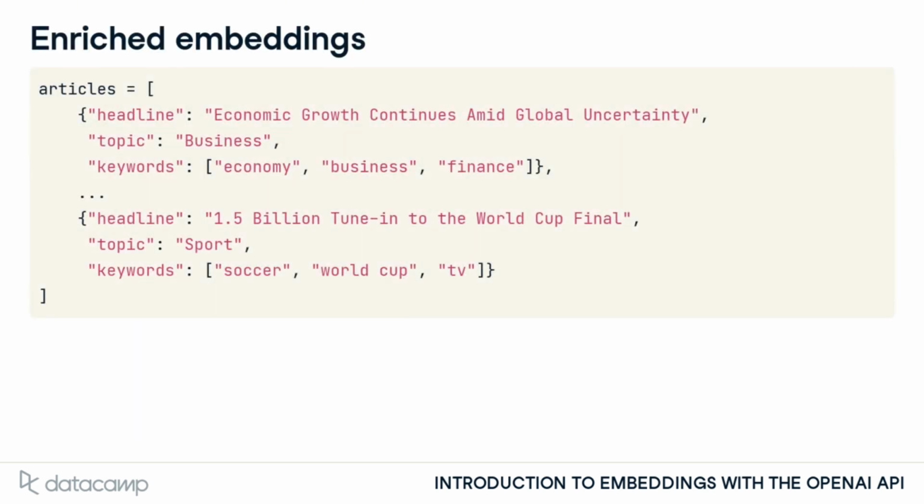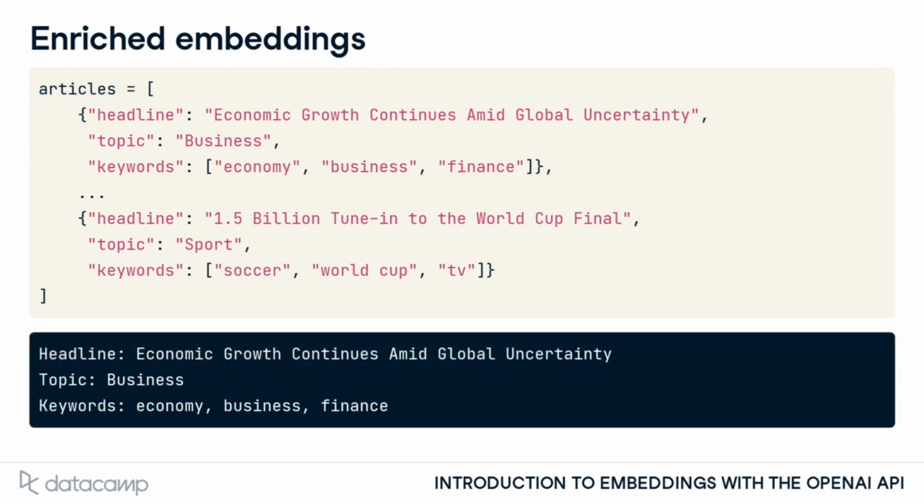Here's the headlines data we'll be working with. We'll embed not only the headline text, but also the topic and keywords. To do this, we'll combine the information from each article into a single string that reflects the information stored in the dictionary, and the keywords are delimited with a comma and space.